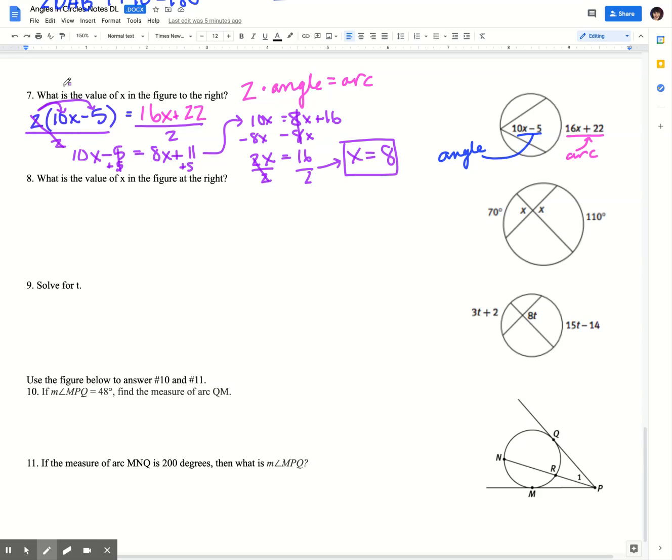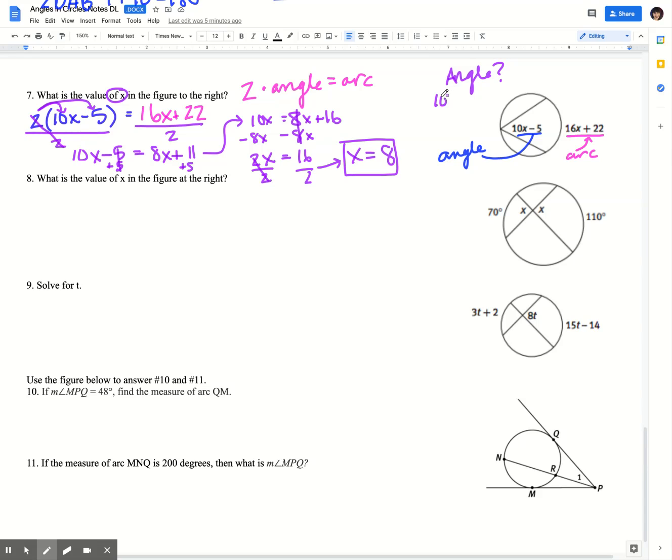And the reason I know it's my final answer is because if I go back up to the question, it wants to know what the value of x is. Now, what if they had said, how many degrees is the angle? What you would have to do is take your x value and plug it back in to solve it. So if the question was, what's the angle measurement?